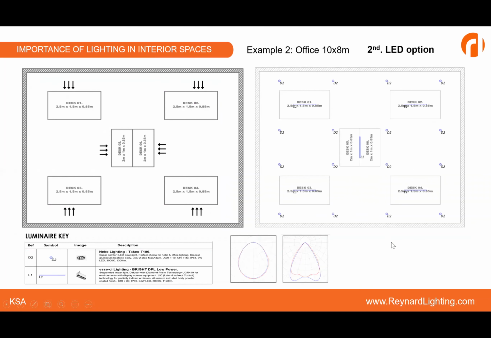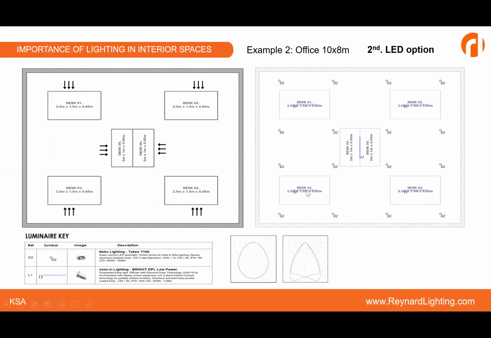All right, now this option, I will be following what the standards say. Remember, I told you that the 500 lux should be only on the task, where the task is the workstation. So these workstations here, I will be having the 500 lux.